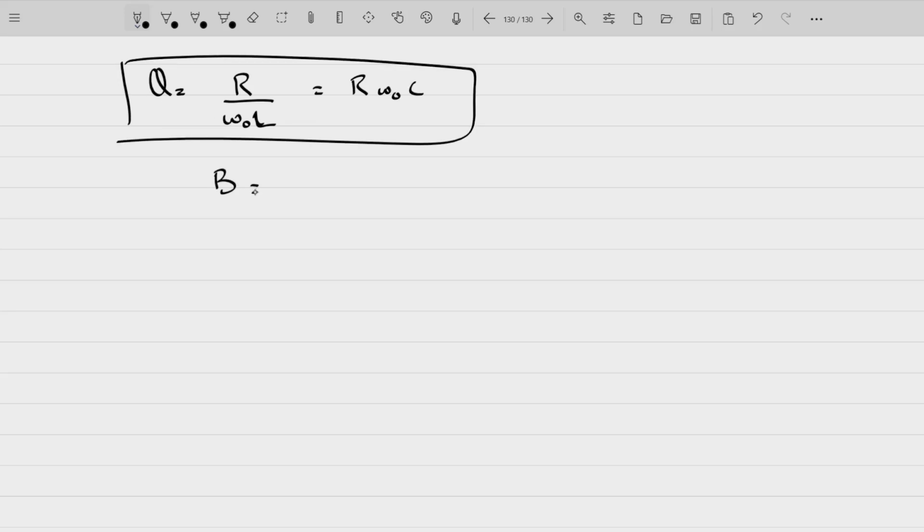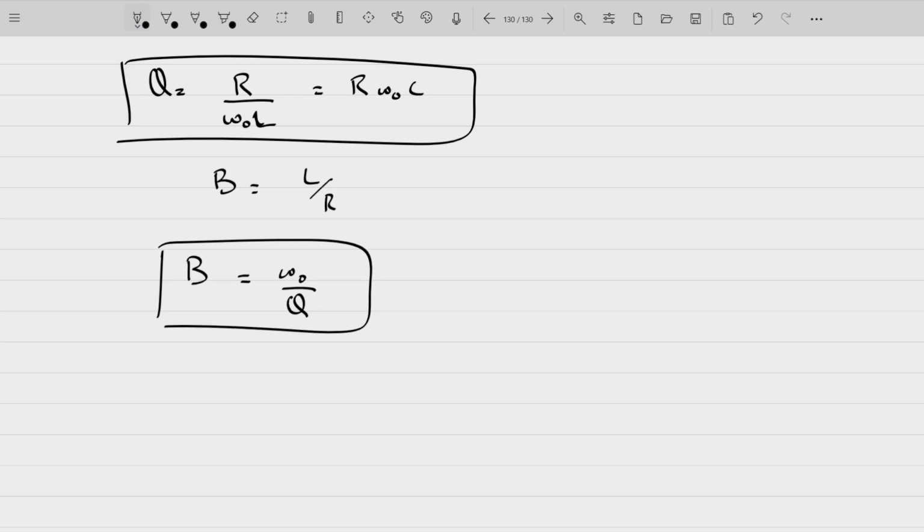And therefore bandwidth in this case, instead of being R divided by L, will be defined as L divided by R. ये फॉर्मूला तो वही रहेगी तब भी, bandwidth and quality factor के बीच में जो फॉर्मूला थी, that will still remain unchanged.